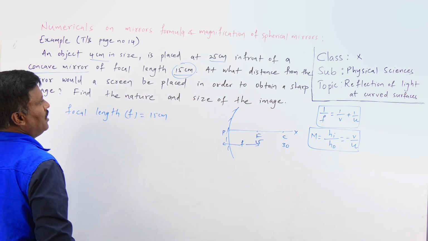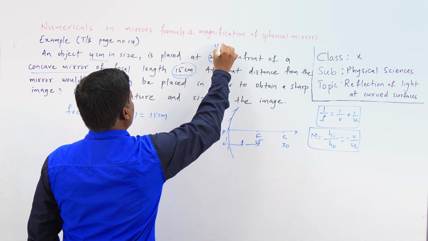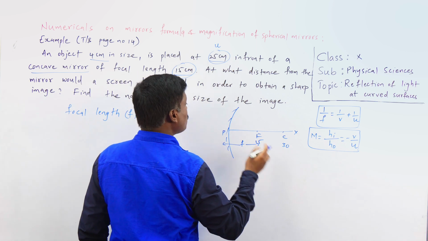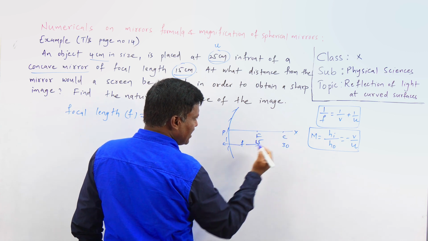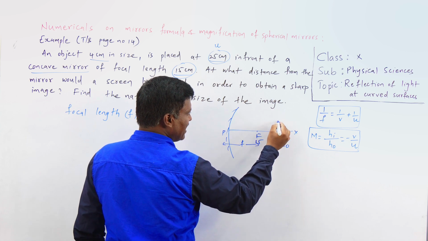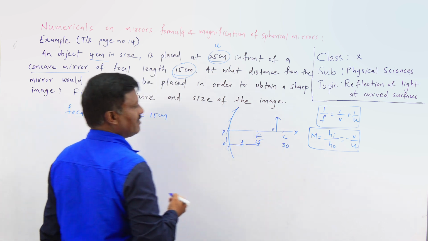Now, the object is placed at 25 centimeters. This is object distance u. Up to f 15 centimeters, up to c 30 centimeters, then 25 should lie between 15 and 30, right? That means the object is placed between focus and center of the curvature.